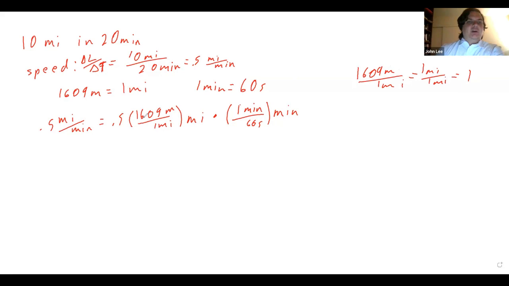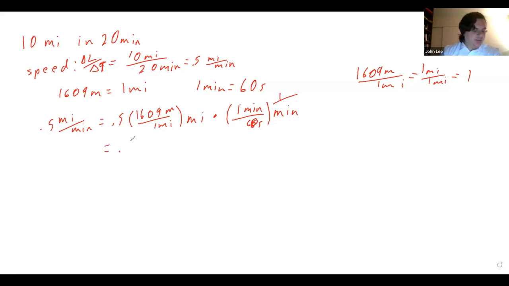So we're allowed to multiply by these values, 1,609 meters per 1 mile and 1 minute per 60 seconds, because they're both equal to 1, even though you have these different units. You have minutes and seconds, and you have miles and meters.